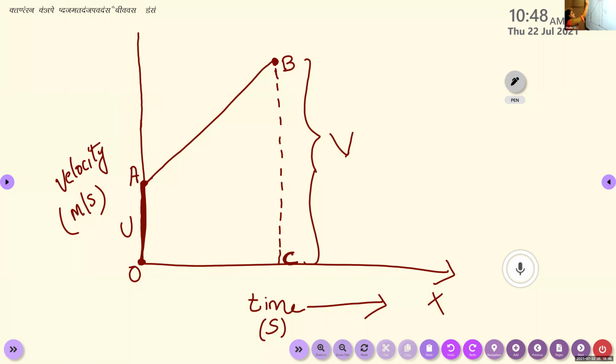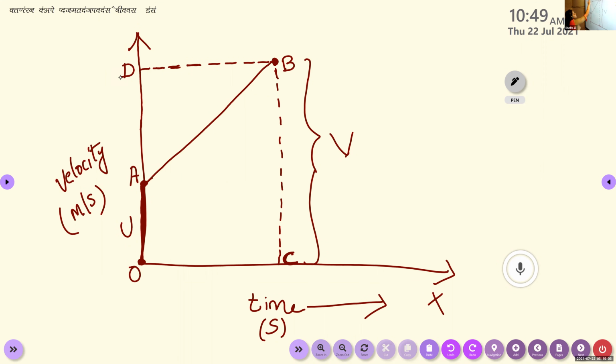Now, in order to complete the graph, draw another line that is perpendicular to the velocity axis and mark it as BD.